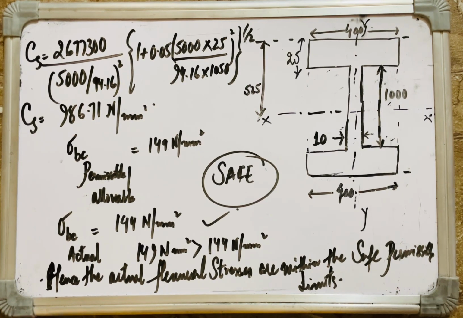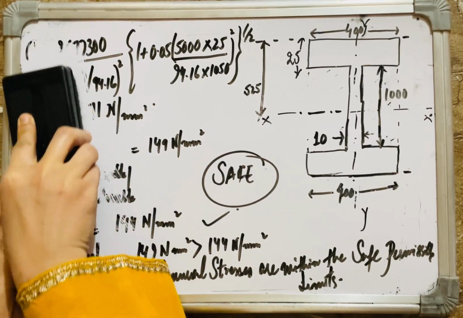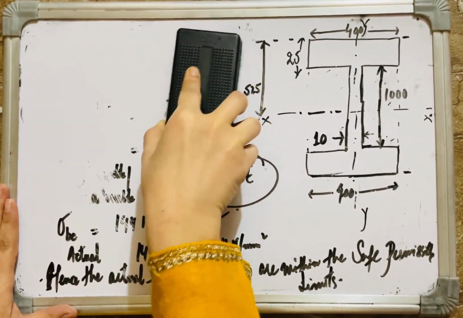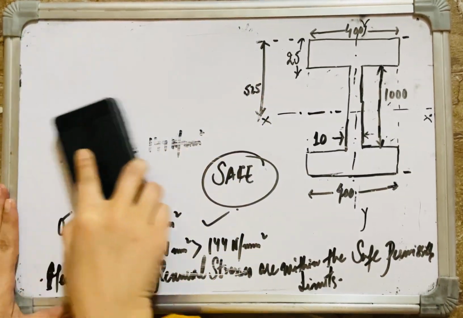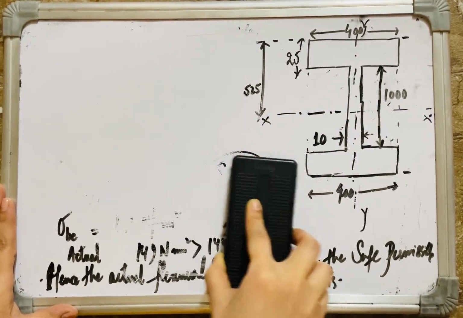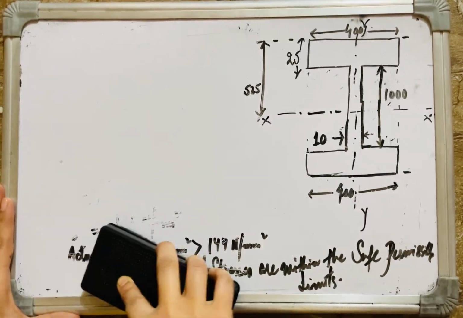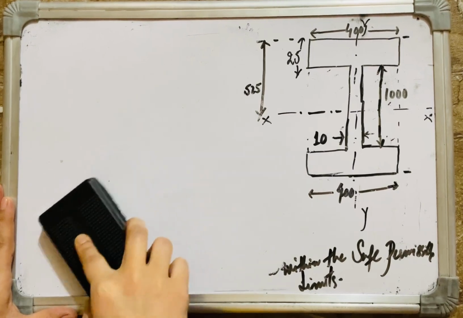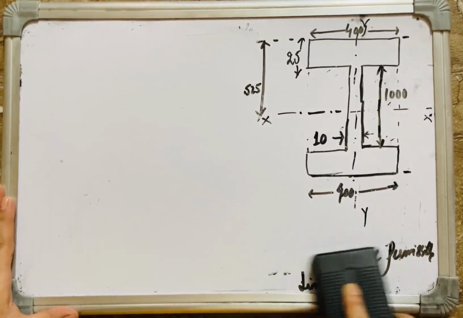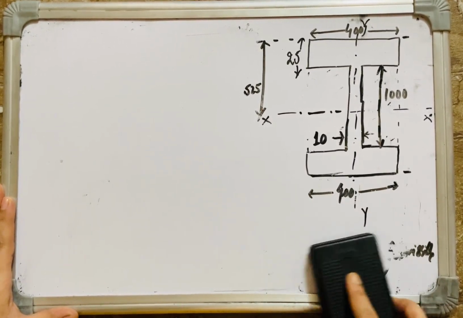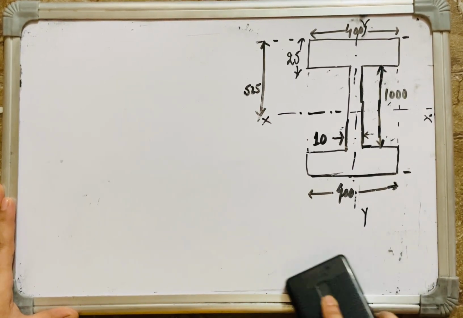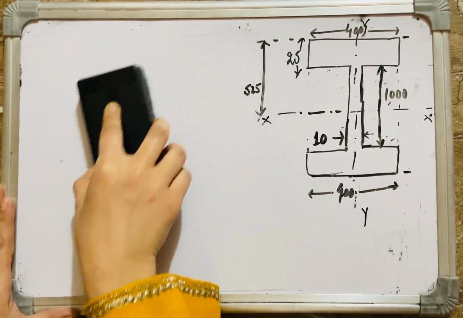All right, let me rub it first. This was rather a lengthy method of check, but nonetheless, we have to check anyway. All right, so the use of tables of IRC is very important because that's the code we are following for designing our bridges.